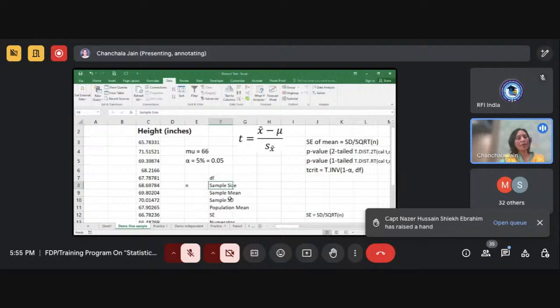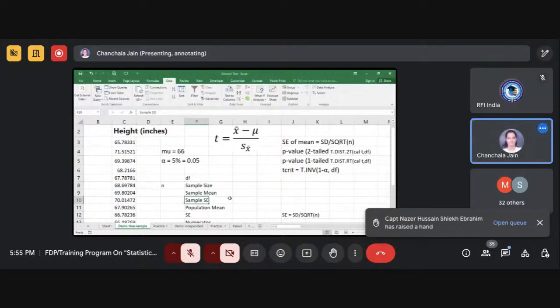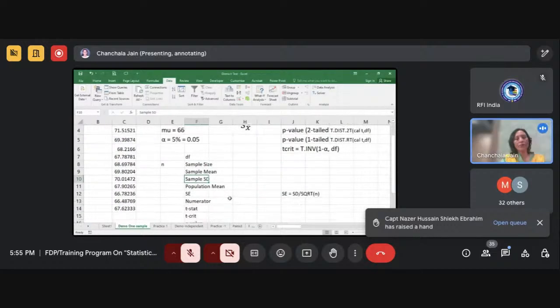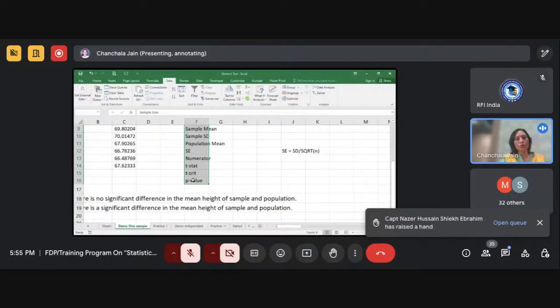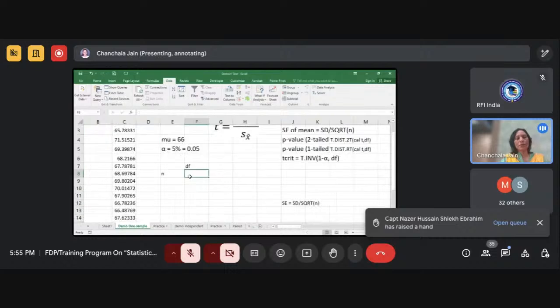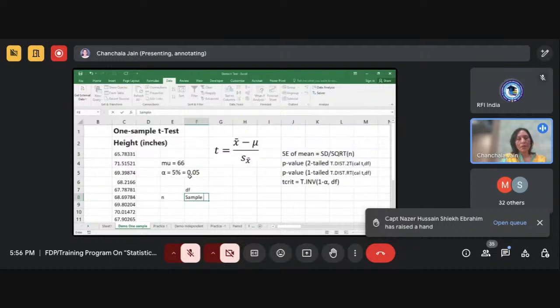Now, I think I have written a few things. If not, you can also type along with me, or we'll go one by one. I'll delete all this. Firstly, I am writing the sample mean, because the formula demands the sample mean first. The sample mean is nothing but the average of your data.